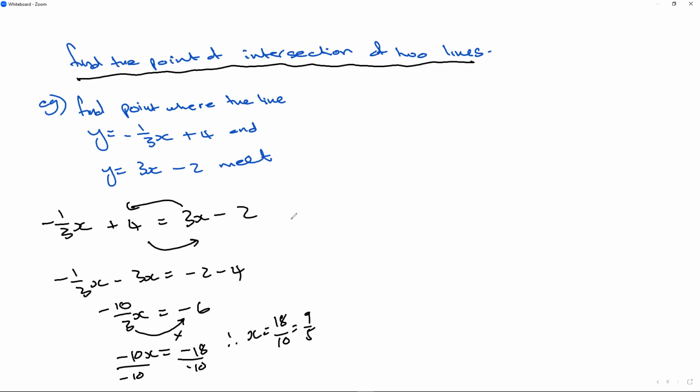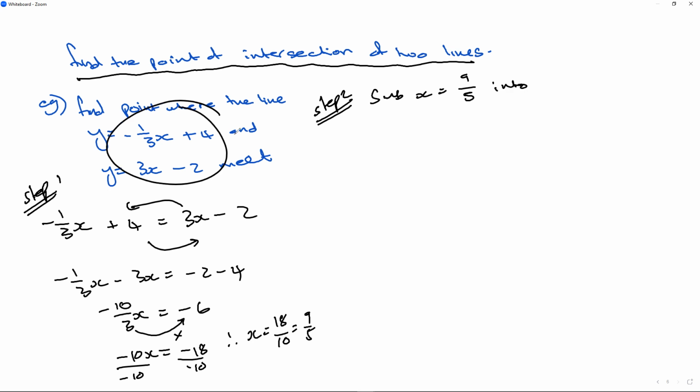Once I found my x value, I can then substitute it back in. So this is step 1. And now step 2. I'm going to substitute x equals 9 over 5 into any one of the two equations.